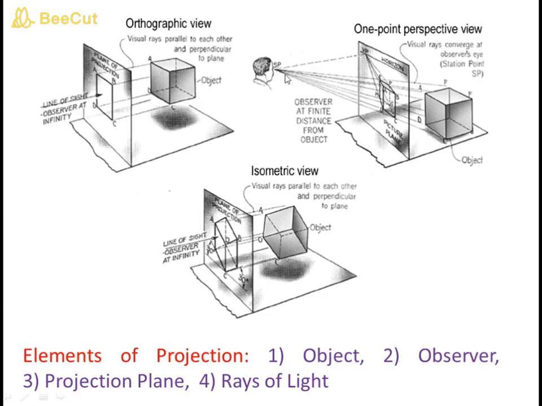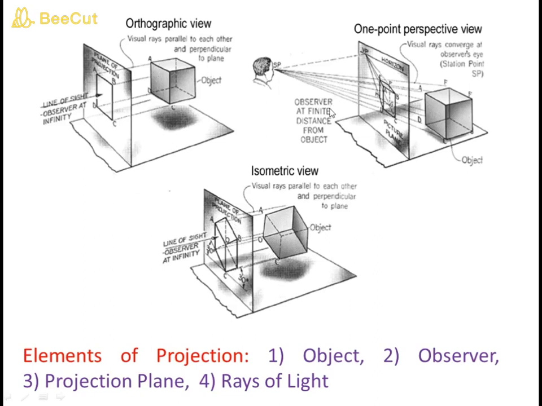The observer is looking at an object, the same object, a cube, and we are placing a picture plane in between the observer and the object. To get the images on this projection or picture plane, you have to draw the visual rays of light connecting the eye level of the observer and the corner points. See, these light rays are not parallel, but in orthographic projection and in isometric projection, they are parallel to the ground.